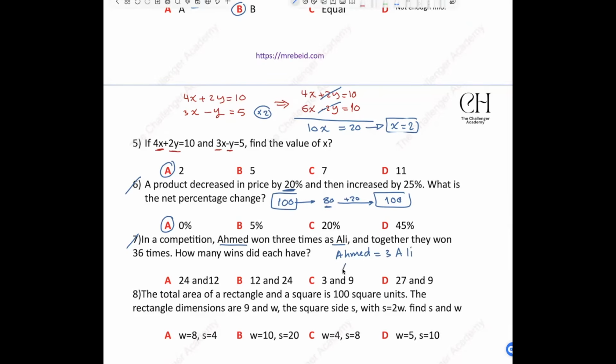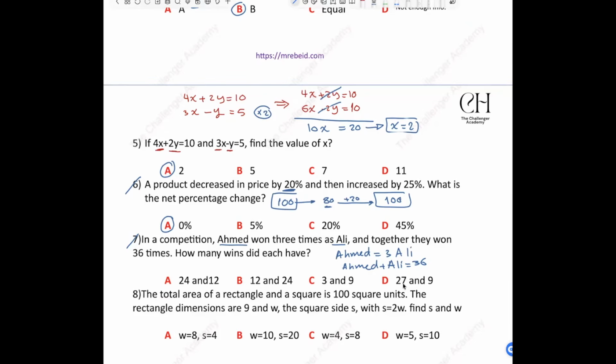And together means Ahmed plus Ali, their sum equals 36. I think it's better to check the choices and see which one satisfies these two conditions: that Ahmed equals 3 times Ali and Ahmed plus Ali equals 36.